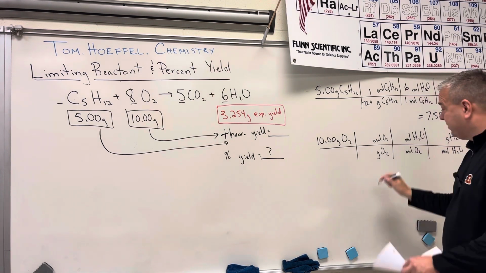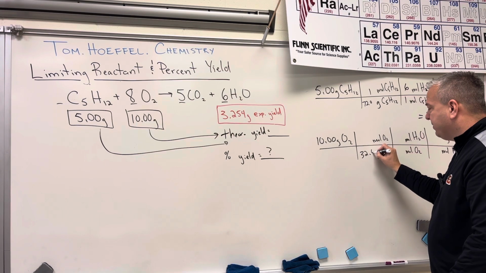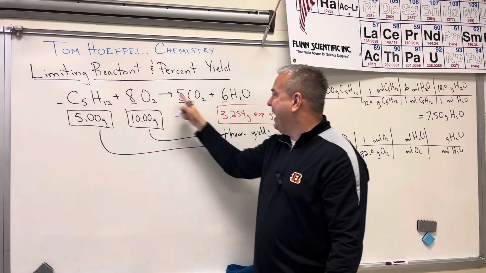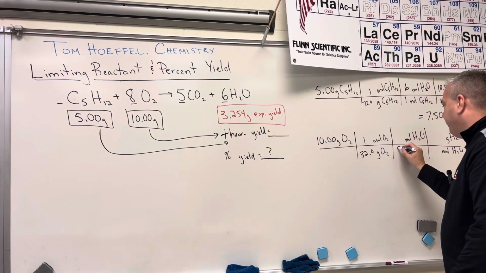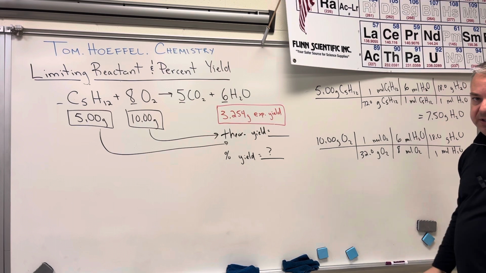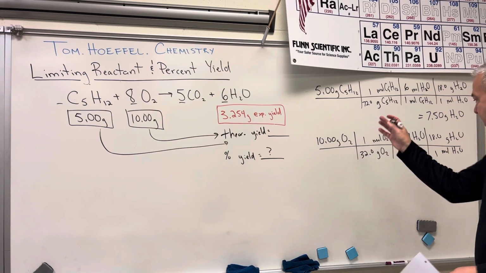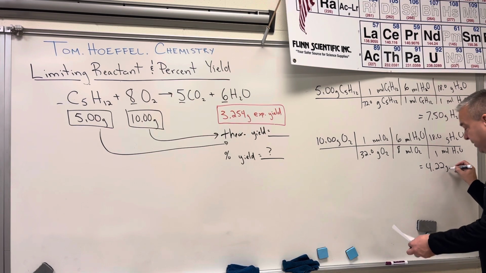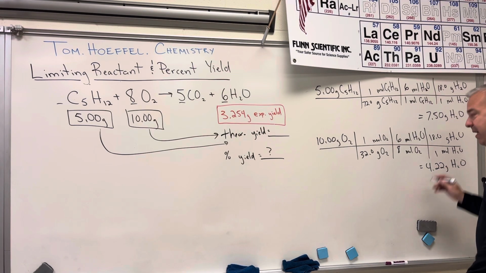Molar mass for oxygen is going to be 32 grams per mole. The mole ratio between the oxygen and water is going to be 8-to-6. 8 for the oxygen, 6 for the water, and the molar mass of the water is still 18 grams per mole. And when I do all this work, I get 4.22 grams of water, okay?